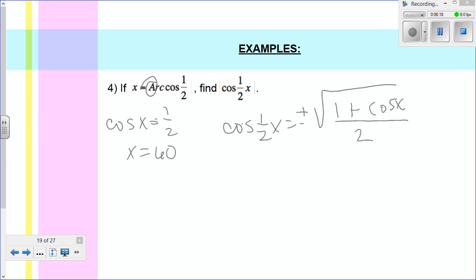We know that cosine x is equal to 1/2 because we rewrote this, right? And now in place of cosine x, I'm just going to put in 1/2. So it's 1 plus 1/2 divided by 2.